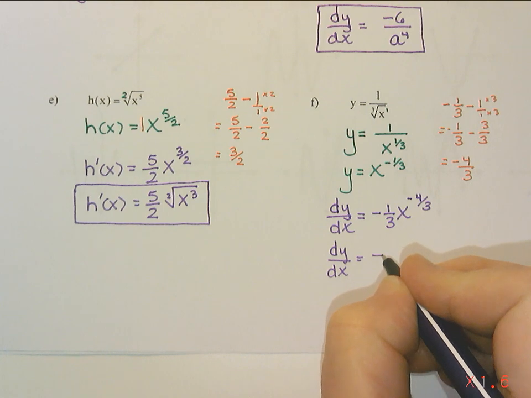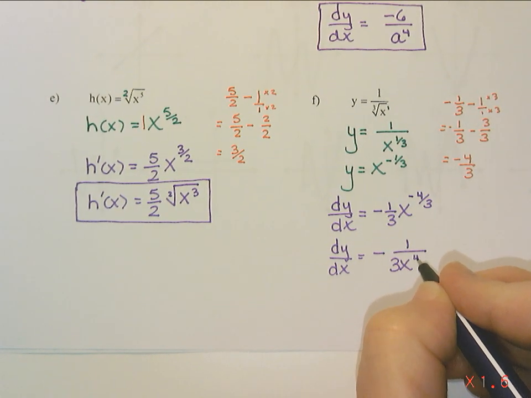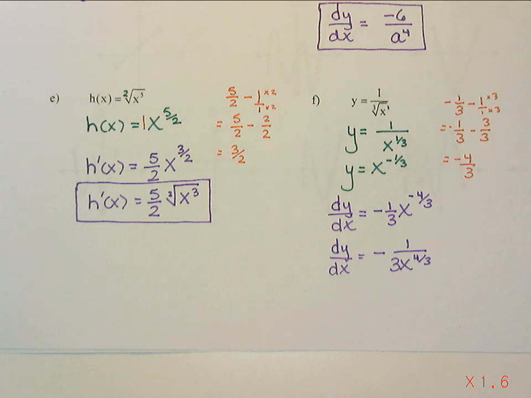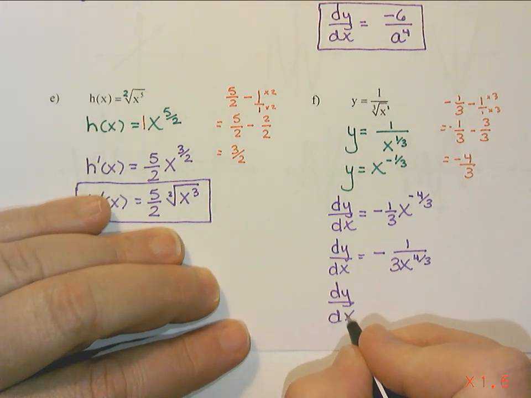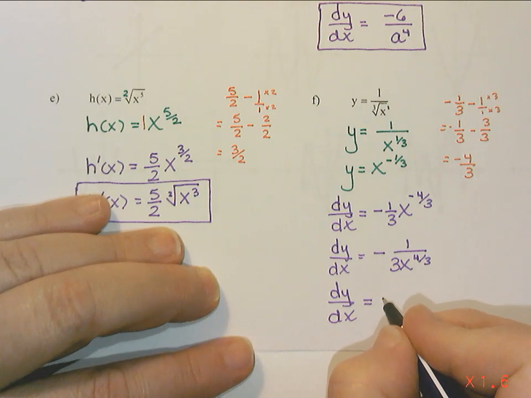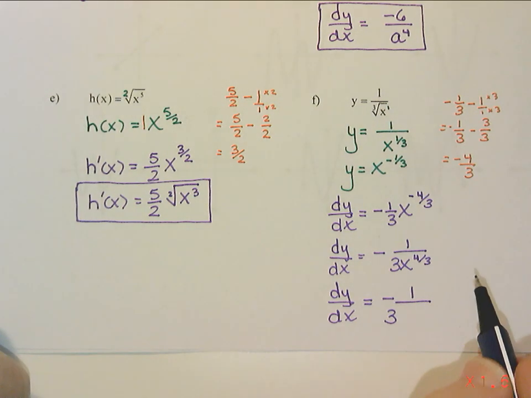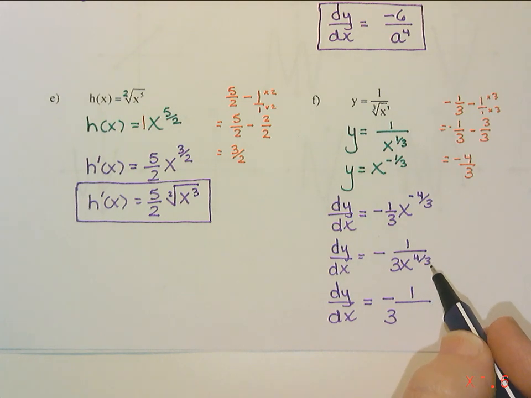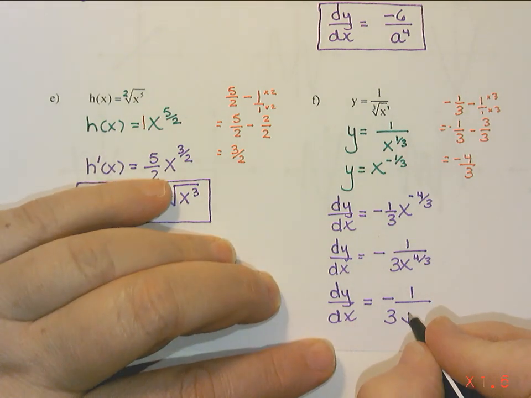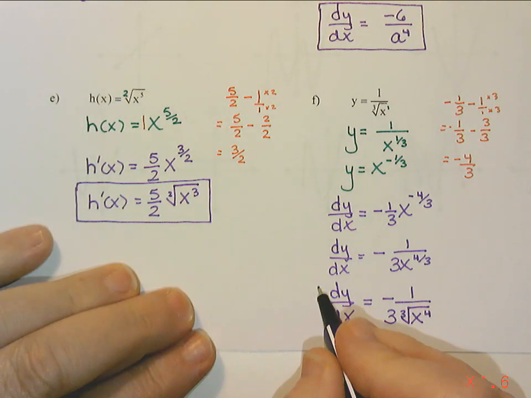So this is -1 over 3x to the 4/3. And then that power of 4/3 is only on the x. So this is going to be -1 over 3. And then this is going to be a regular power of 4. And then that's going to be a cube root. So it's -1 over 3 times the cube root of x to the 4th. And there's my derivative.